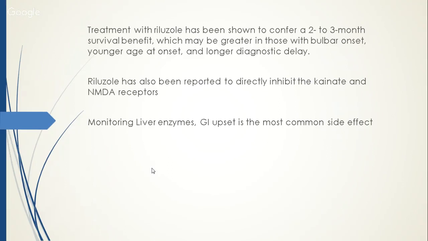It mainly addresses the NMDA and glutamate receptors, mostly because of the toxicity that can occur when these cells undergo stress. Side effects are mostly GI upset, and you need to monitor liver enzymes during treatment with riluzole.